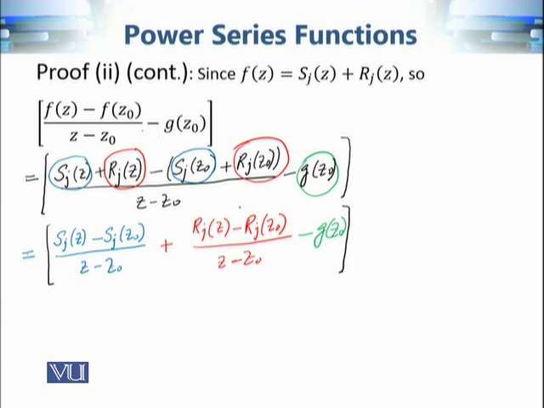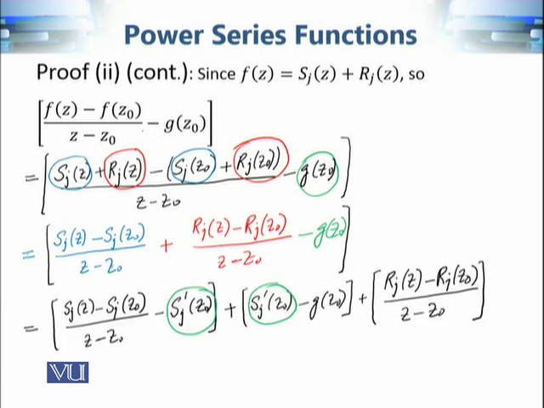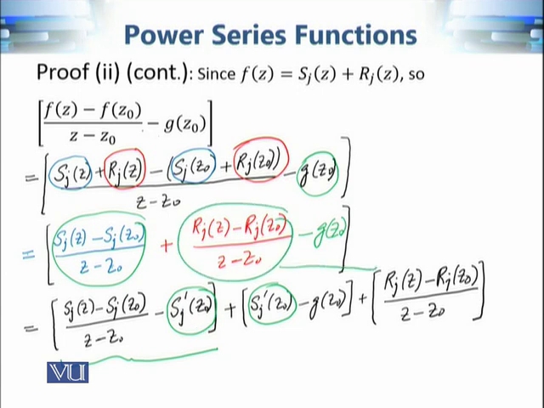So we can divide these terms in the following form: s_j(z) minus s_j(z0) over z minus z0, and r_j(z) minus r_j(z0) over z minus z0, and g of z0 remains the same. Moving on, we can add and subtract s_j prime of z0, and reordering the terms in the following way, we get the following expression. This is basically this term and the term that we added and subtracted, and this term goes here, and g of z0 comes here, and s_j prime of z0, which we added and subtracted, comes here.